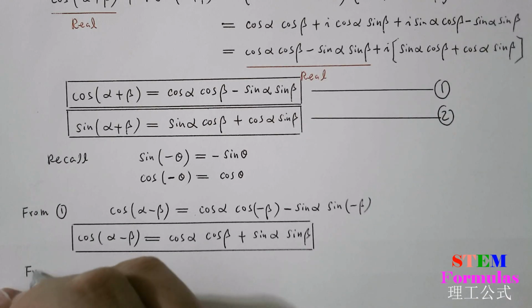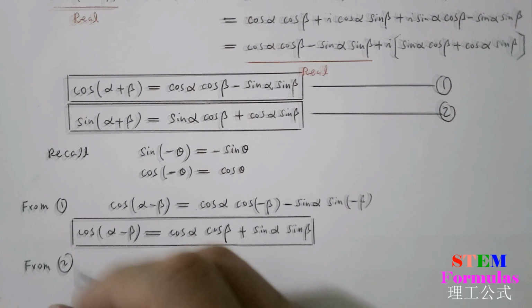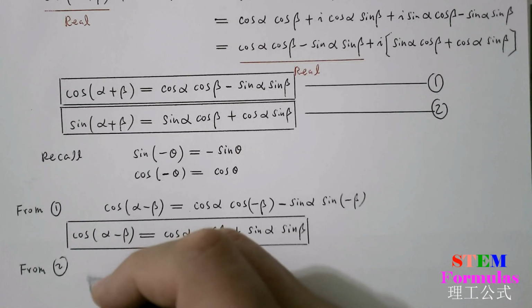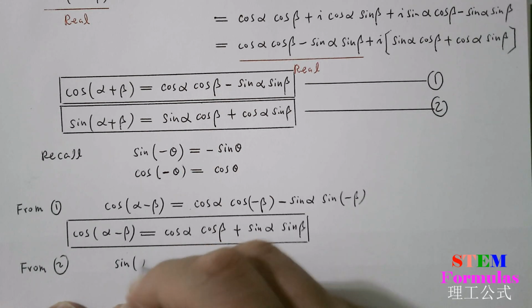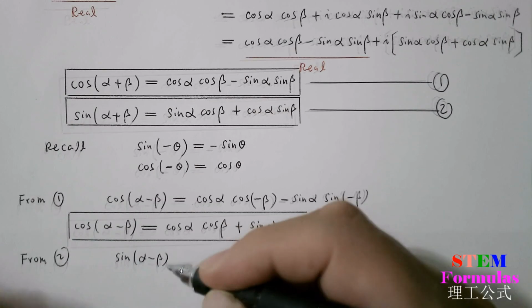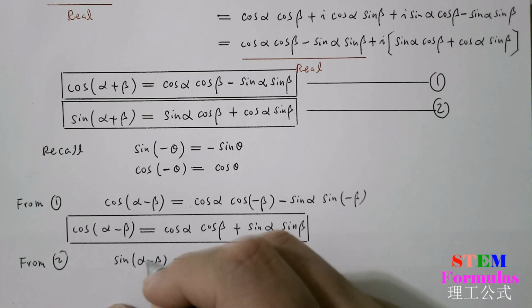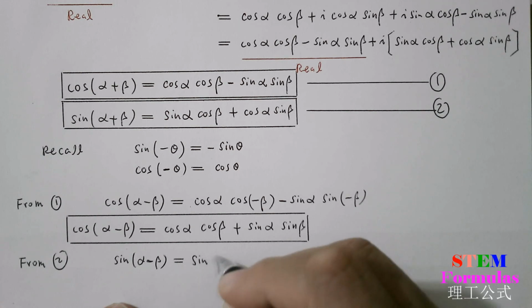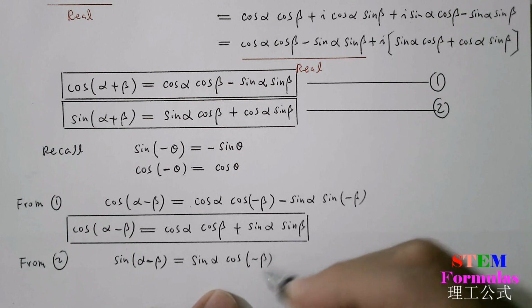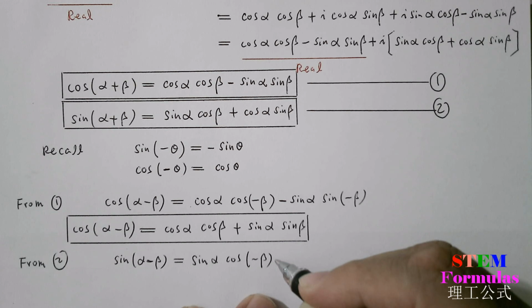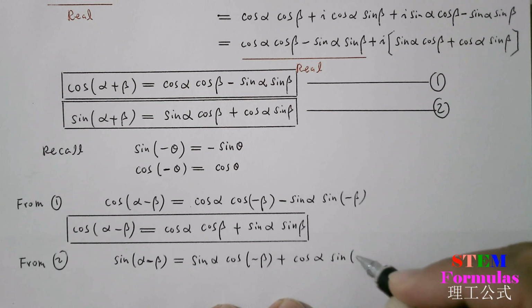From equation 2, I have sine (alpha minus beta) equal sine alpha cosine minus beta plus cosine alpha sine minus beta.